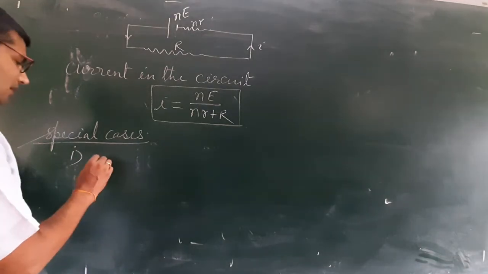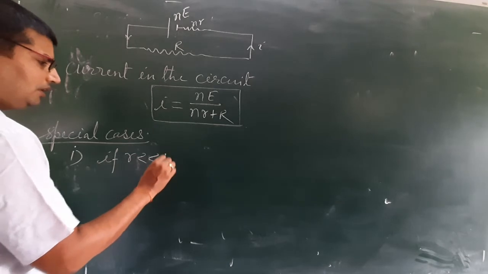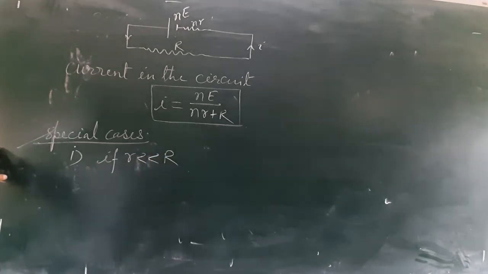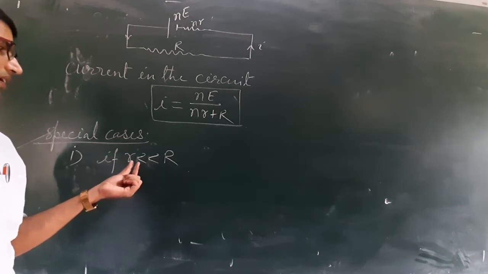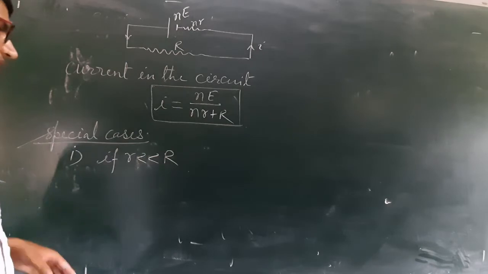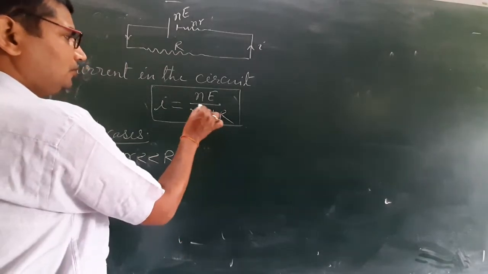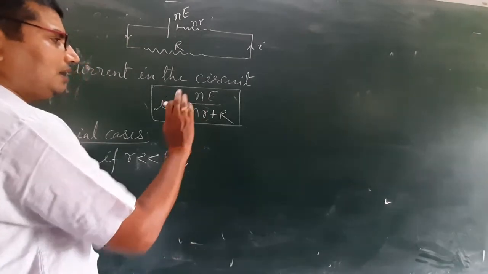I am assuming case number 1, if small r is very small in comparison to capital R. What does it mean? It means that the internal resistances of the cells are very small in comparison to the external resistance. In that condition, nr will be very small in comparison to capital R, so nr can be neglected.